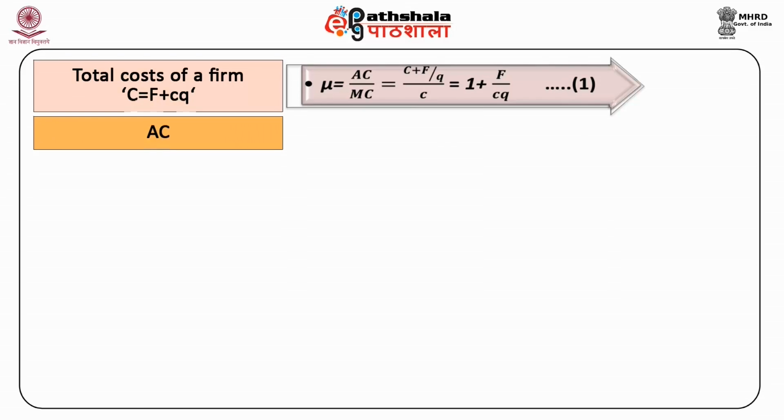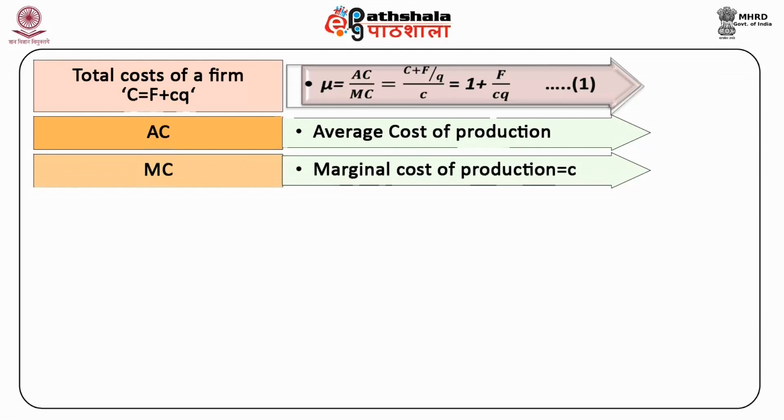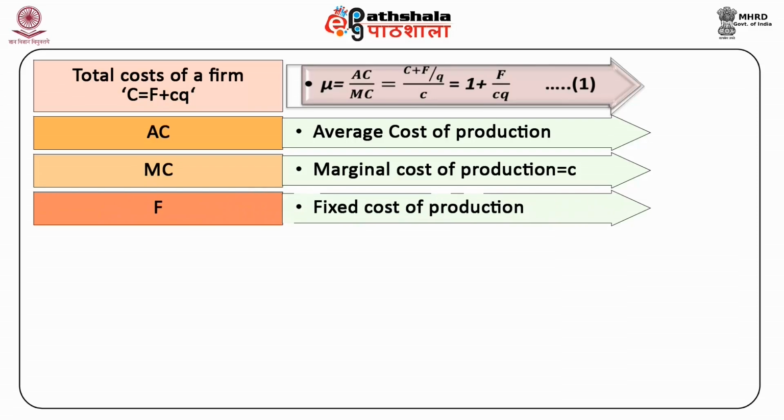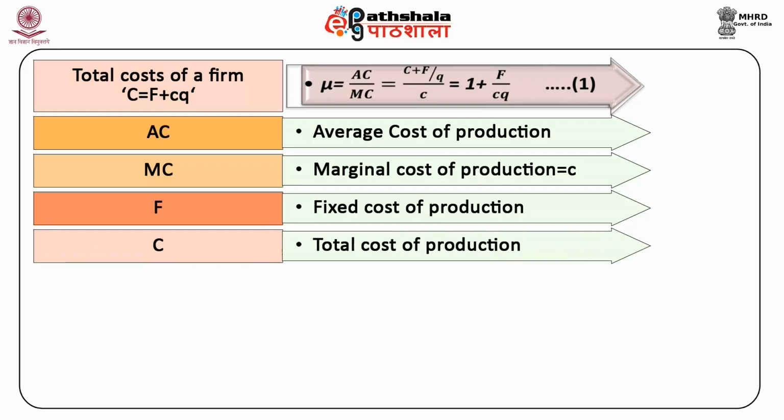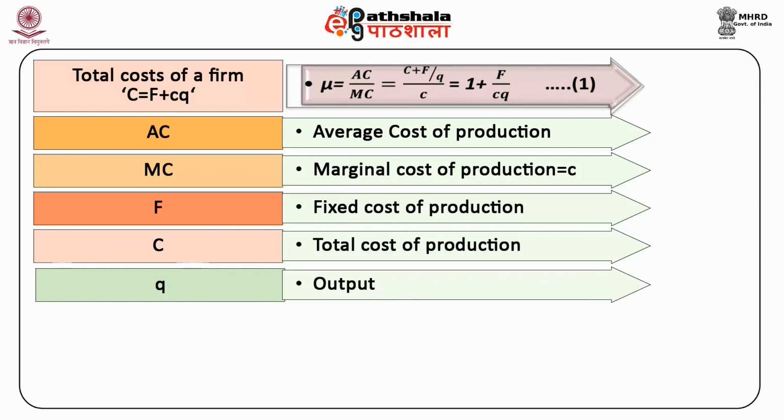AC is average cost of production, MC is marginal cost of production, that equals small c for the firm considered above. Capital F is the fixed cost of production, capital C is the total cost of production, and small q is the output.